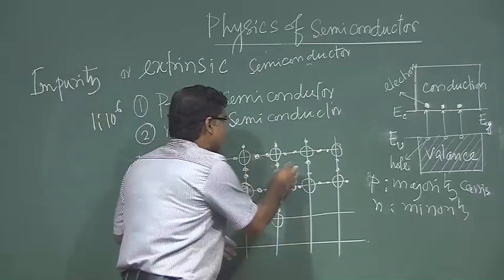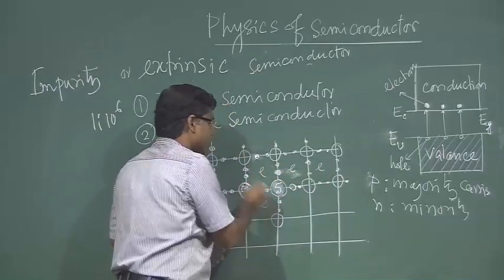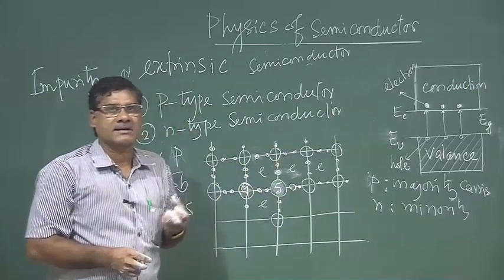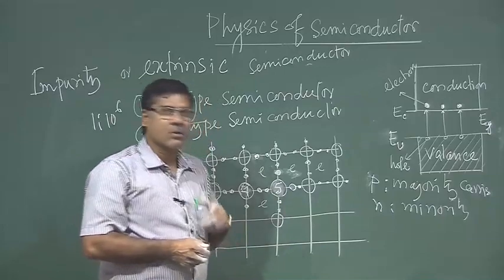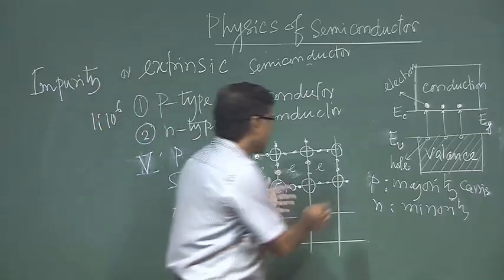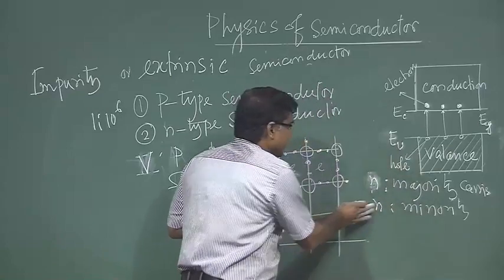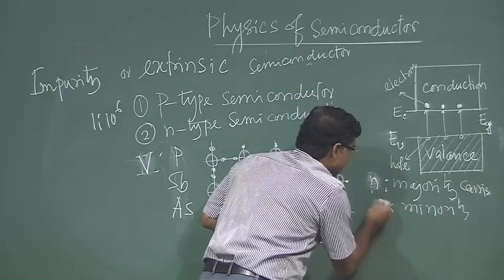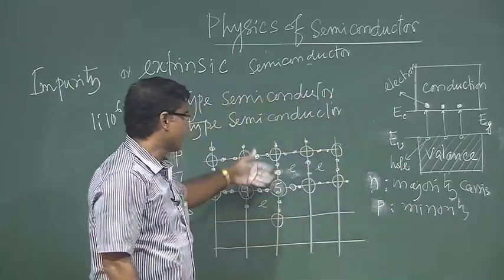Then the system will have this additional electron from the doping. So, in this case the electron concentration will be higher and the hole concentration will be lower. For n type, the electron will be the majority carrier, and the hole will be the minority carrier.